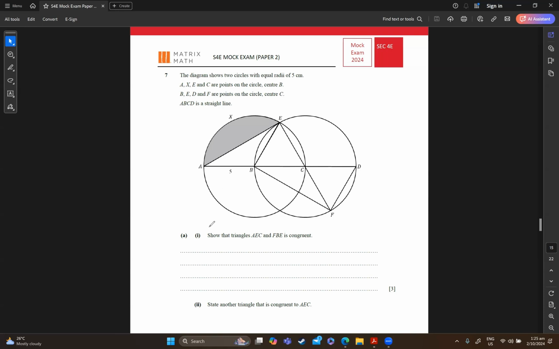So the first thing that you can write is angle AEC equals to angle FBE, which equals to 90 degrees. Then you write right angle in a semicircle.